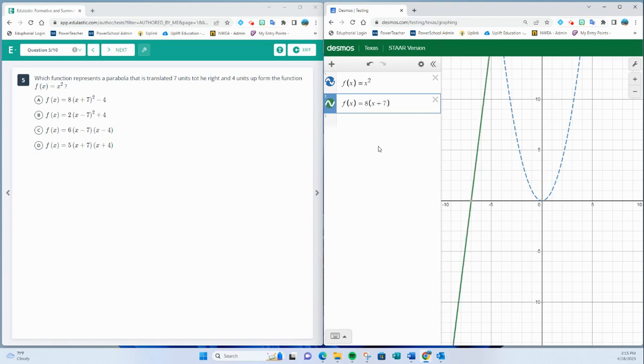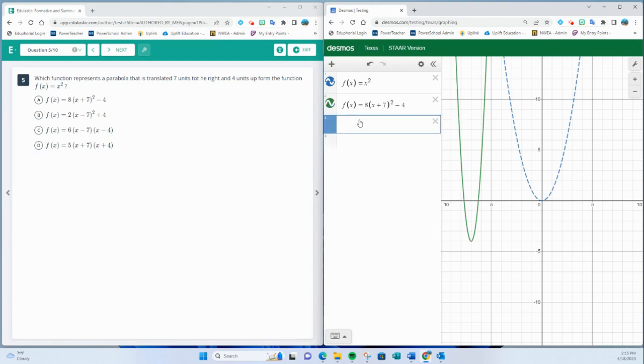So here I have A, and it looks like it went to the left and down. So that would not work. So I'm going to try out the next one, f of x equals 2x minus 7, and then plus 4.